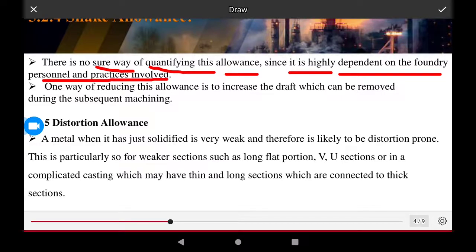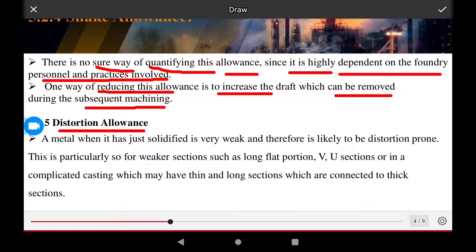One way of reducing the allowance is to increase the draft, which can be removed subsequently by machining. Then the distortion allowance. What is the distortion allowance?